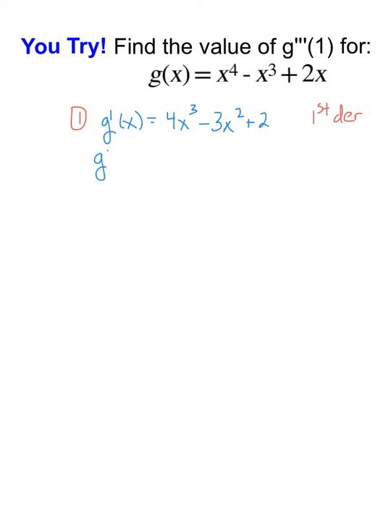Then g double prime of x is equal to 12x squared minus 6x, and that gives us our second derivative. And then g triple prime, which is our third derivative finally, is equal to 24x minus 6.